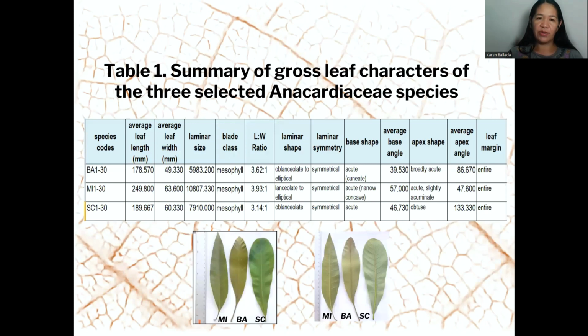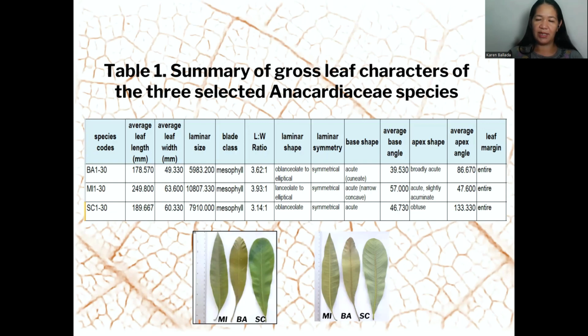In terms of the gross leaf characters of the three selected Anacardiaceae species, BA stands for Buchanania arborescens, MI is for Mangifera indica, and SC is Semecarpus cuneiformis. They differ in terms of their average leaf length and laminar size, though in terms of blade class, all three are categorized as mesophyll. They also slightly differ in their length to width ratio.